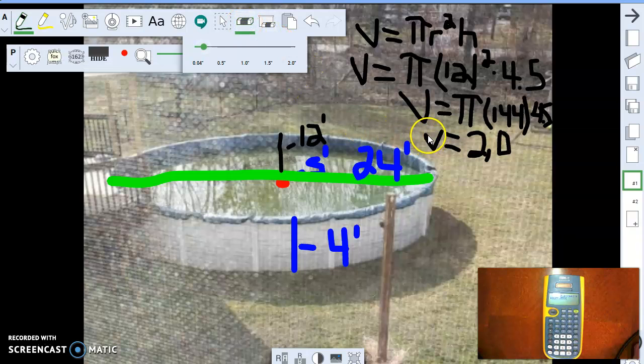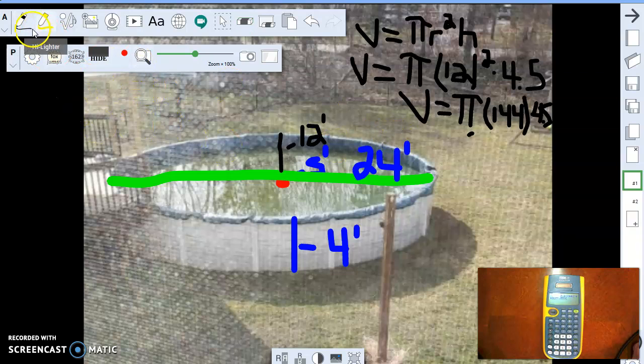Let me erase this. I want it to look a little bit better than that. It's a lot easier when you have your touch screen at school. So let's go back to our marker. I'm going to move over here just a little bit. Give me a little more space. So volume equals 2036.